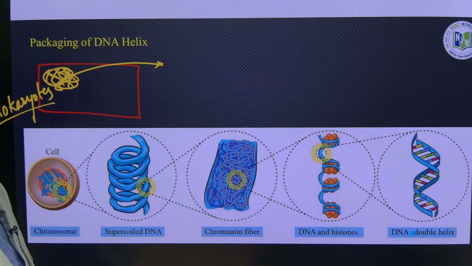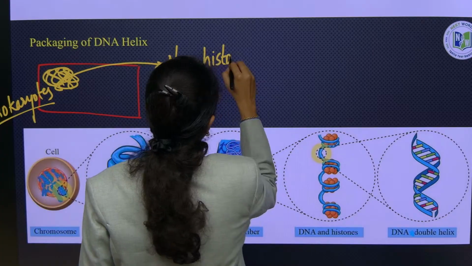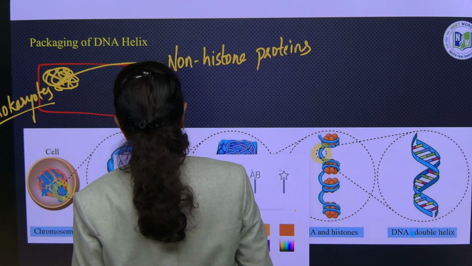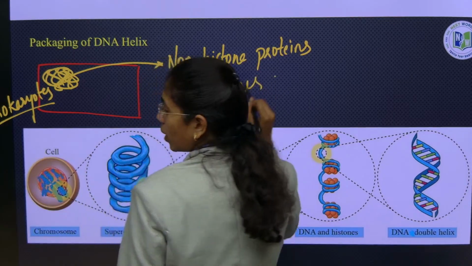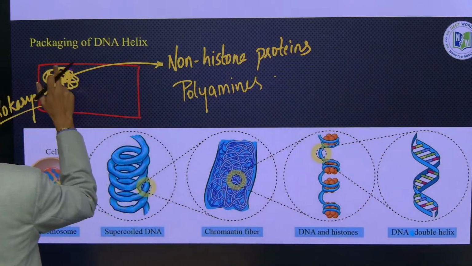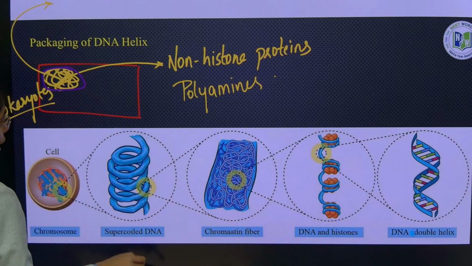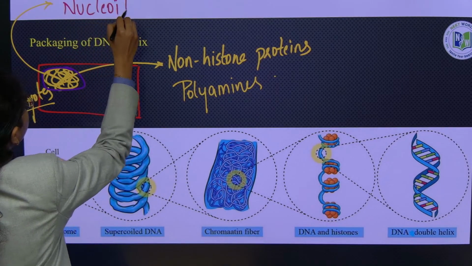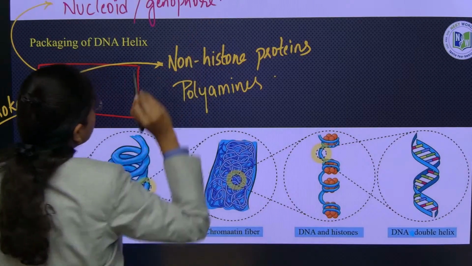They are non-histone proteins known as polyamines. They bind to the negatively charged DNA and hold it at a particular place in the cytoplasm. This is addressed as the nucleoid or genophore.